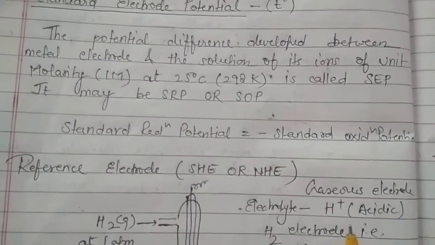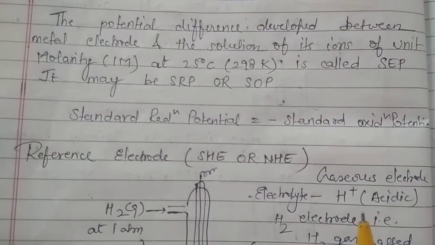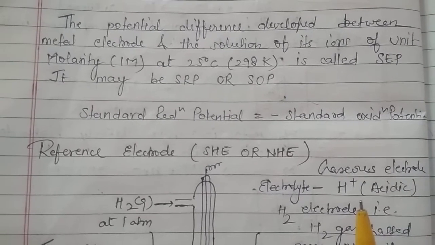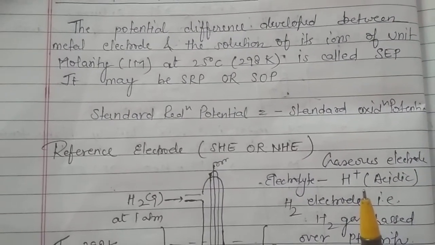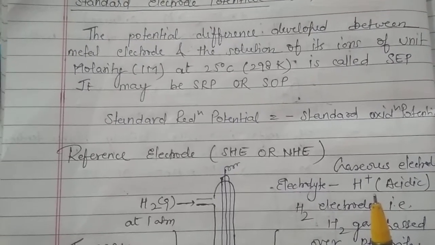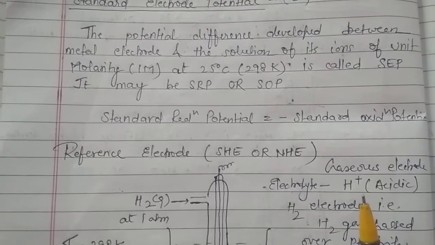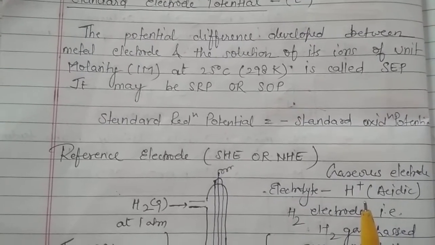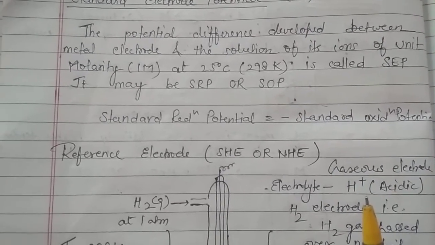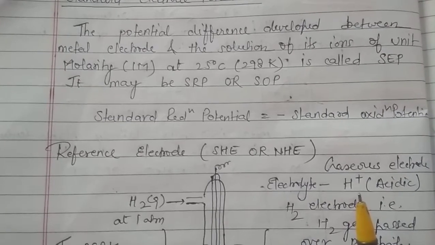Suppose we take the example of zinc. Zinc has the tendency to lose 2 electrons. In a similar manner, if it accepts electrons, it will accept 2 electrons. It means the value of electrode potential would be the same, but the sign would be different in the case of oxidation and reduction potential.